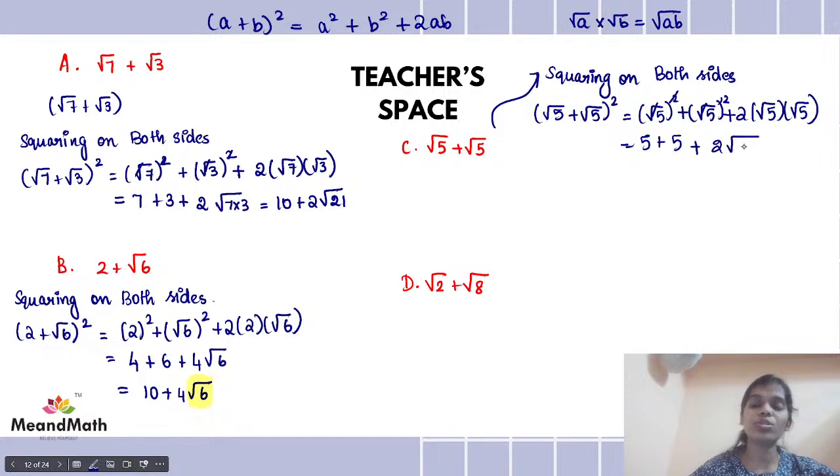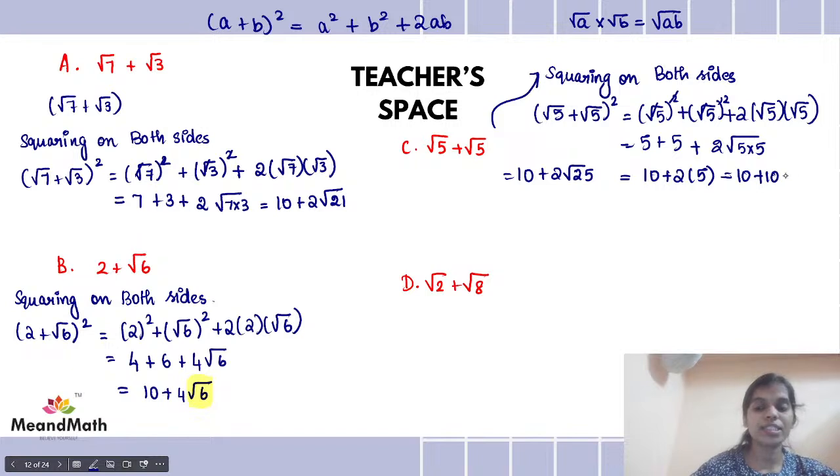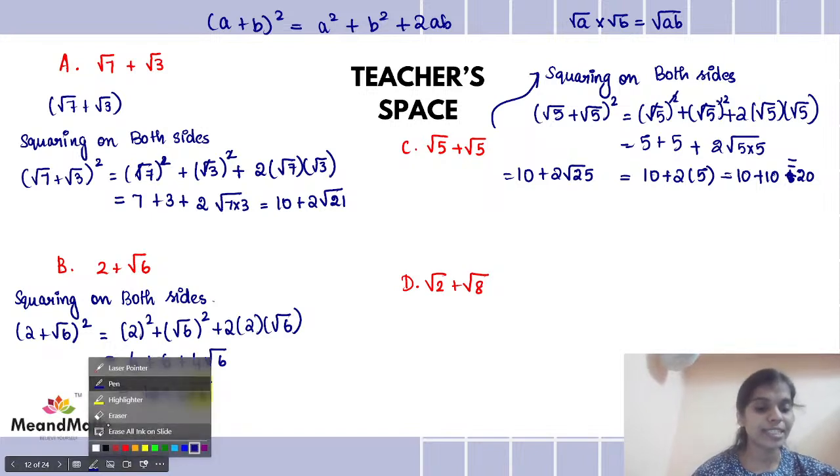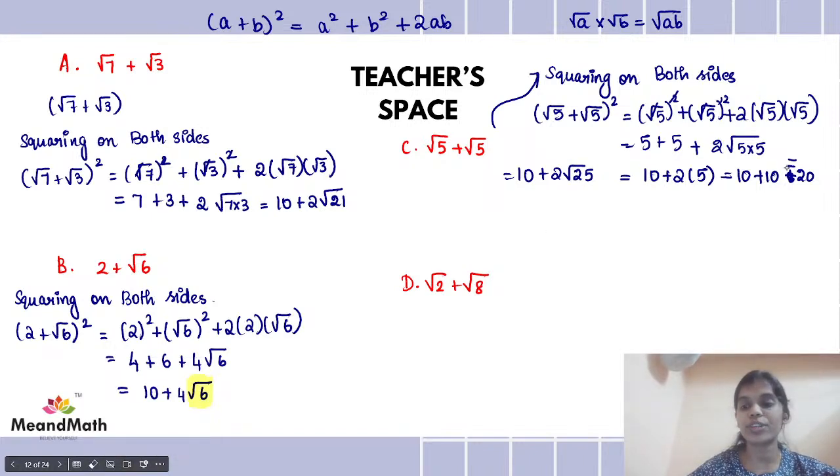And 2 into root 5 times 5. That is 10 plus 2 root 25. Root 25 is a perfect square. So 10 plus 2 into 5, 10 plus 10, that is 20. Any doubts so far?